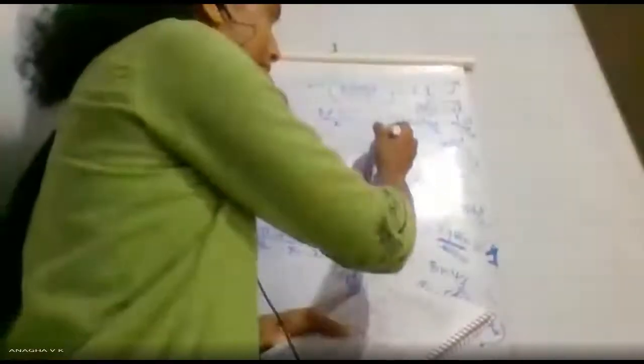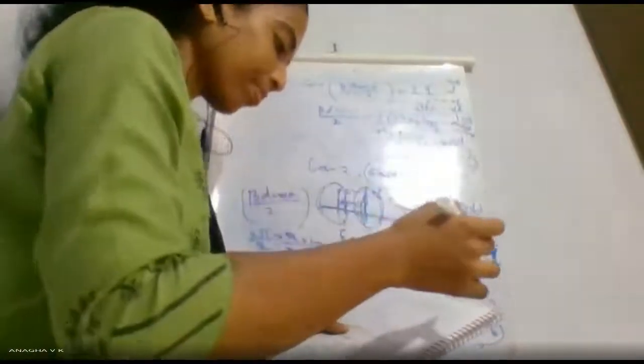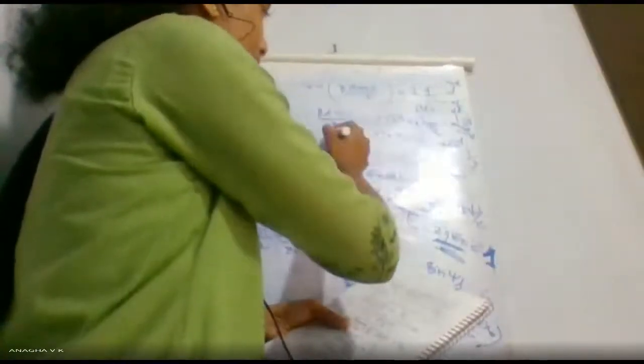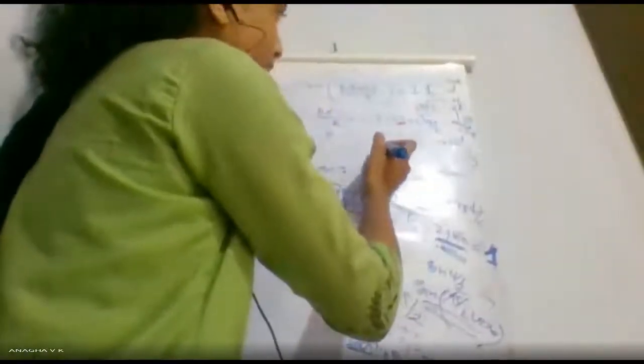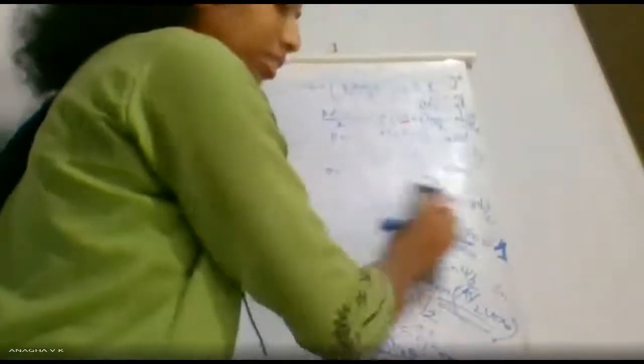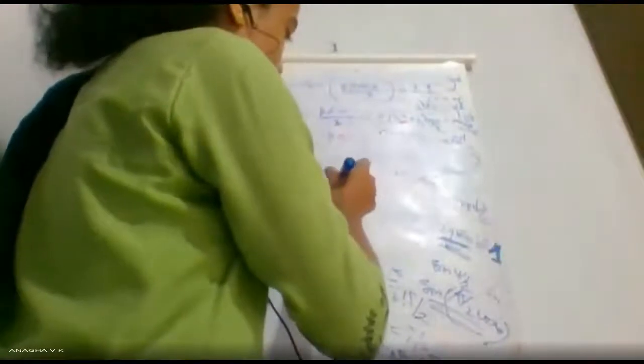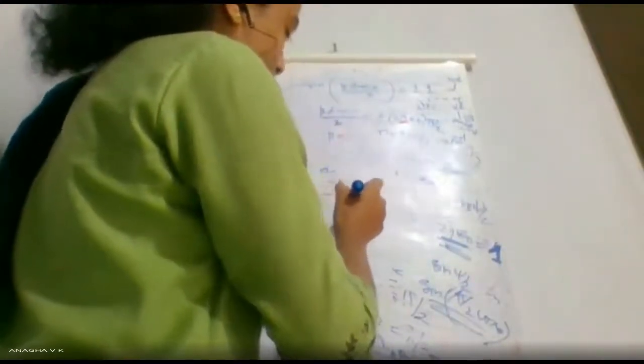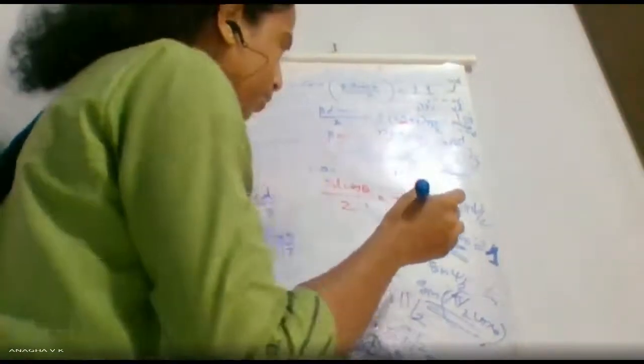So beta d cos theta by 2 equal to plus or minus 2n plus 1 pi by 2, where n equals 0, 1, 2, etc. When we take n equal to 0, beta d cos theta by 2 is equal to pi by 2.